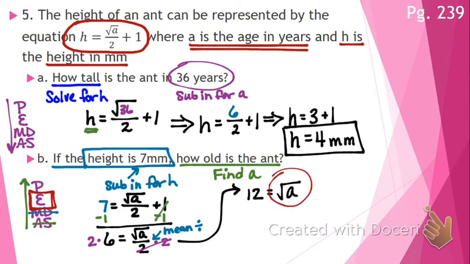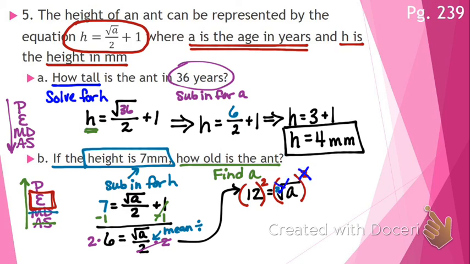What's the index on that root? Index is a 2 here. So since the index is a 2, it's a square root, I am going to square it to make it cancel out. And according to my rules of algebra, if you do it to one side, you've got to do the exact same thing to the other side. So I have to square this side also.